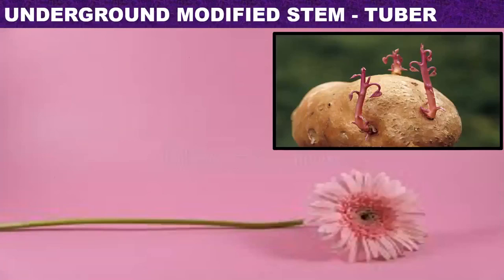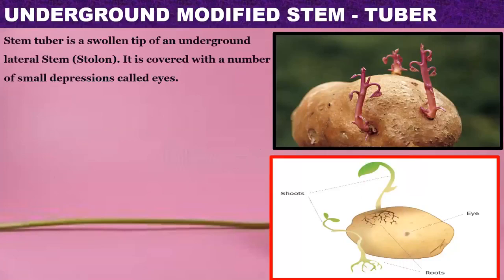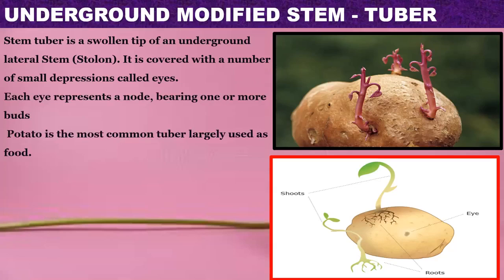Underground modified stem called tuber. Stem tuber is a swollen tip of an underground lateral stem stolon. It is covered with a number of small depressions called eyes. Each eye represents a node bearing one or more buds.